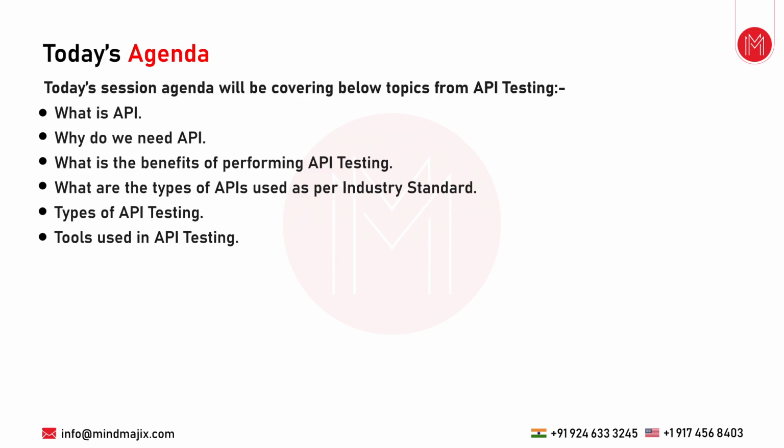Coming to today's agenda, today I would be covering the below topics from an API testing point of view. First, I would be explaining what an API is, what exactly API means for us, and why we need API. Because before we go to any training module, we need to understand the importance of that particular training, why we are going to use it, and what the full form or definition of that technology is.